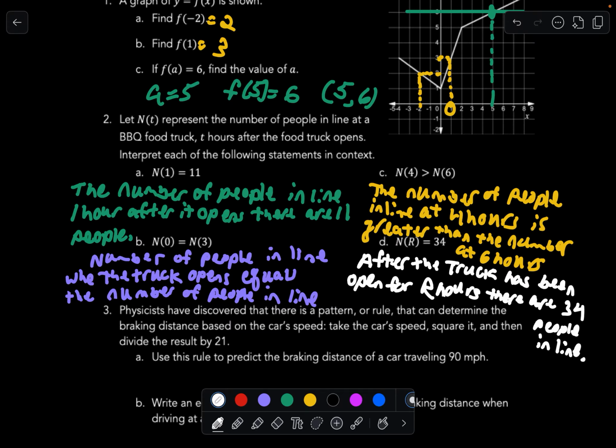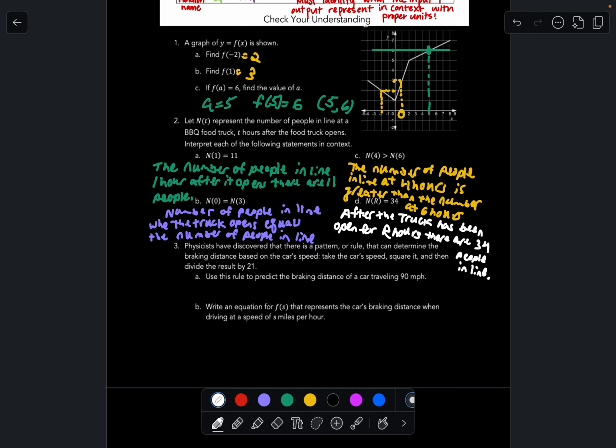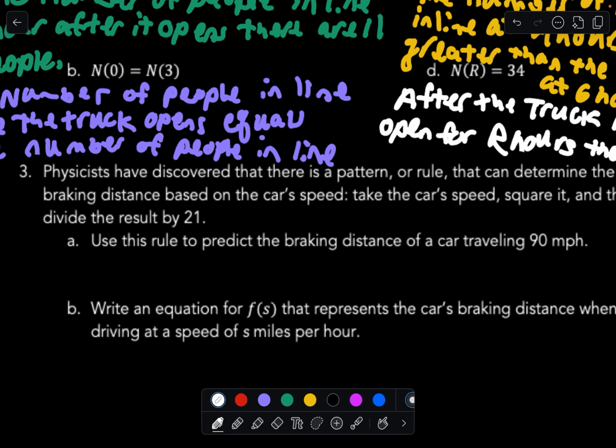All right, lots of words. That's what's conveyed in this notation. That's why we use this notation a lot of times, because it conveys a lot of information.